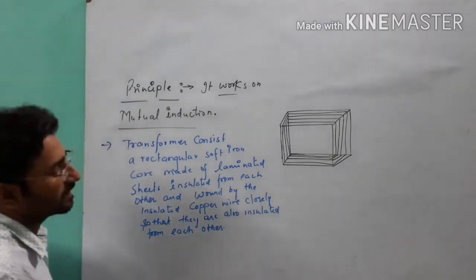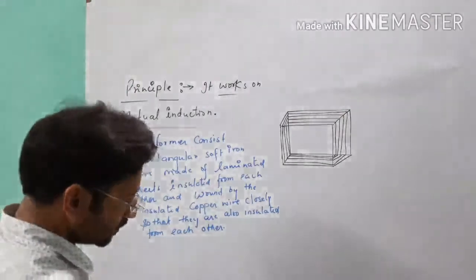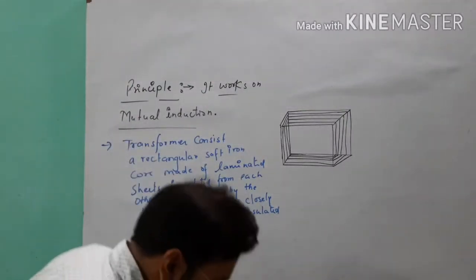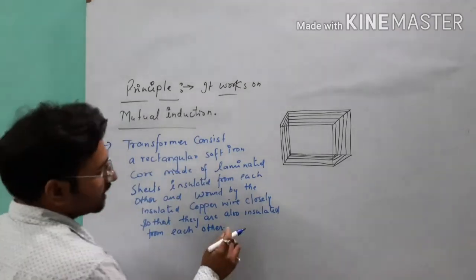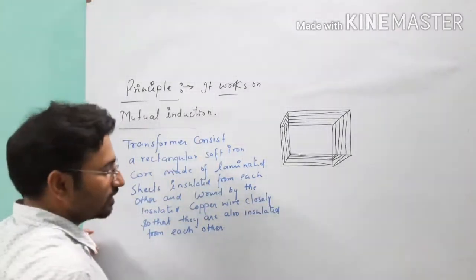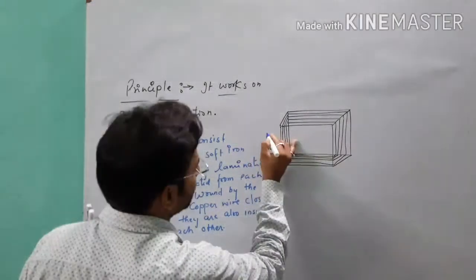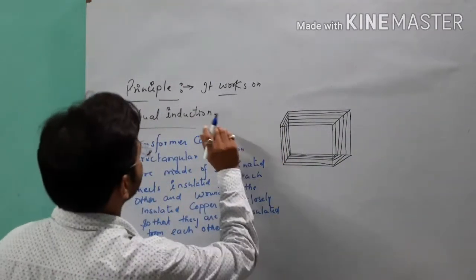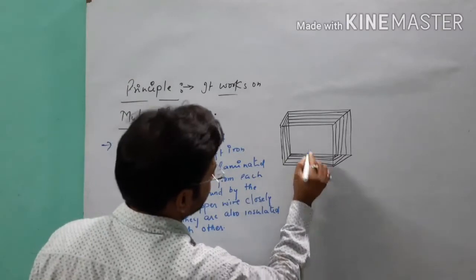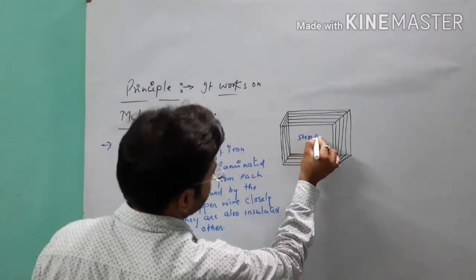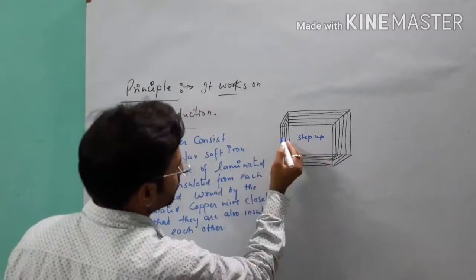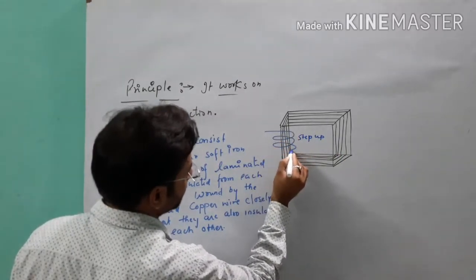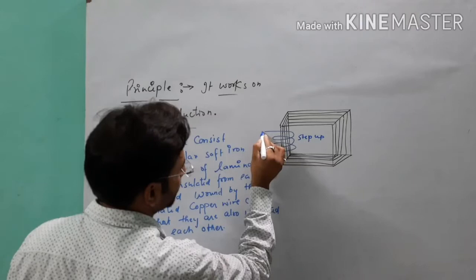And after that, here we will use two types of coils. Here I am drawing the diagram of a step up transformer. When I use a step up transformer, I will use two coils.